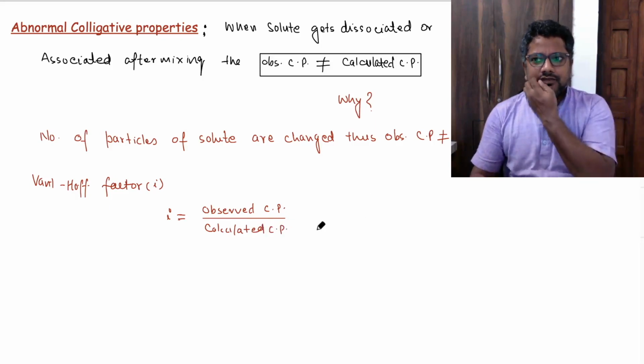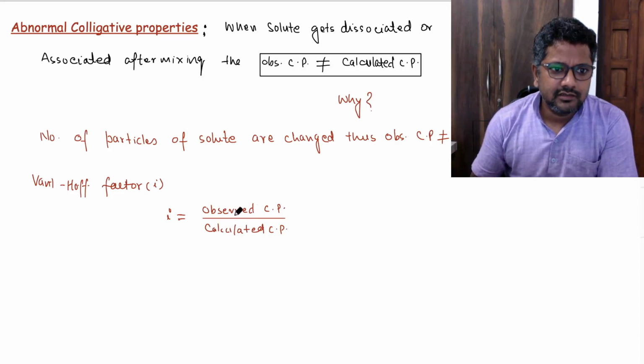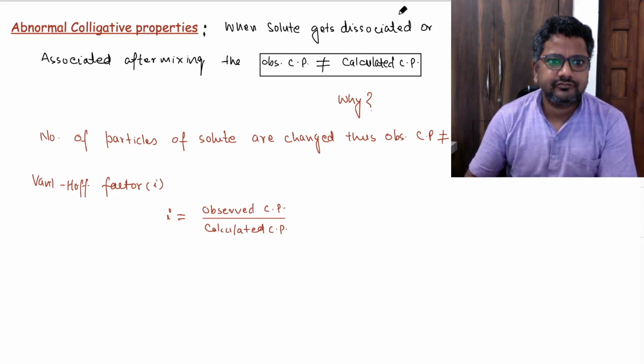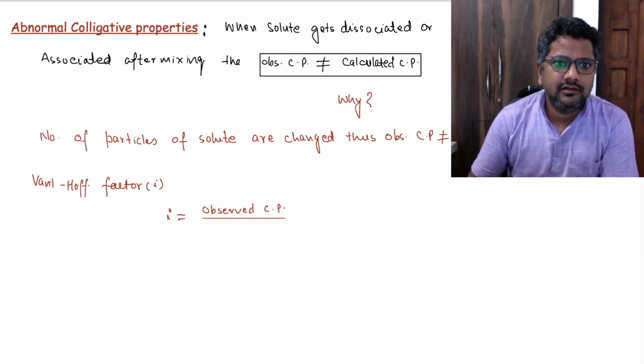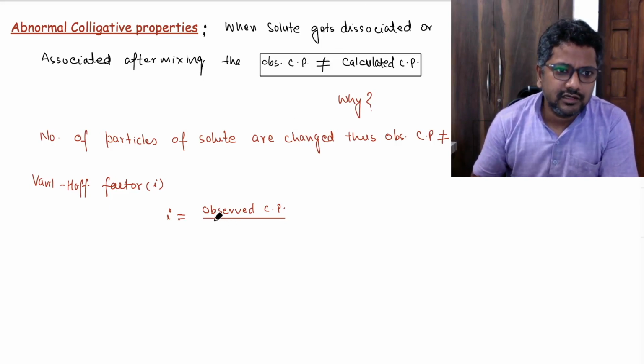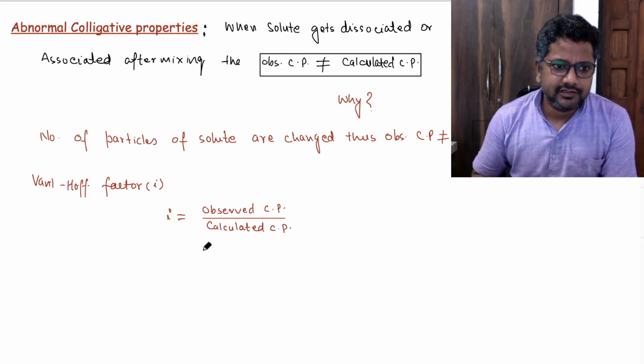What you are observing experimentally divided by what is theoretical or calculated. So this is experimentally observed and this is calculated.